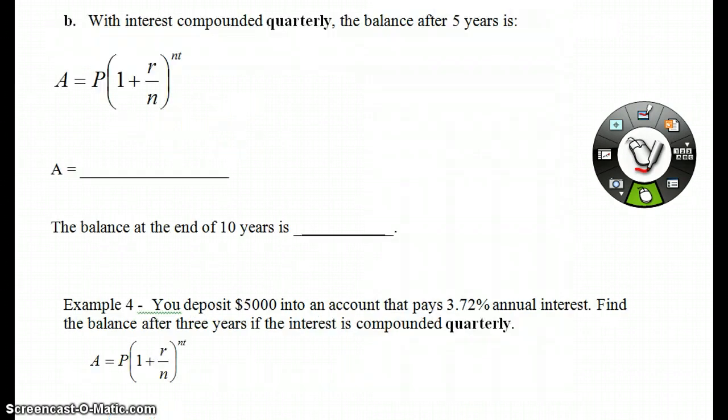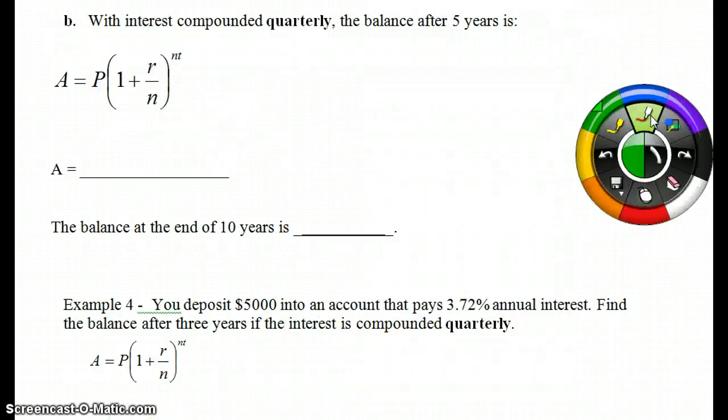Now if I just change the problem around a little bit, and this time, instead of getting interest every month, I only get it 4 times a year, then our formula would just change a bit. We'll still start off with the 2,900.